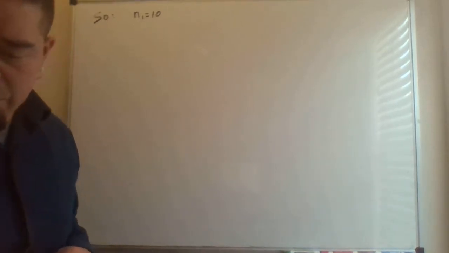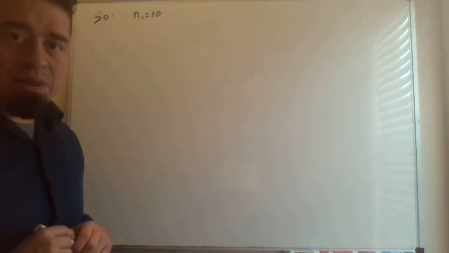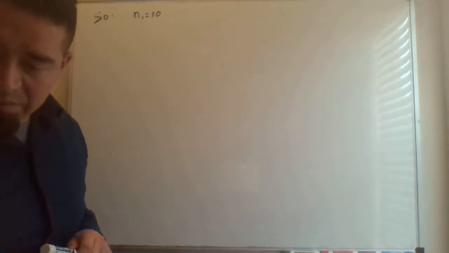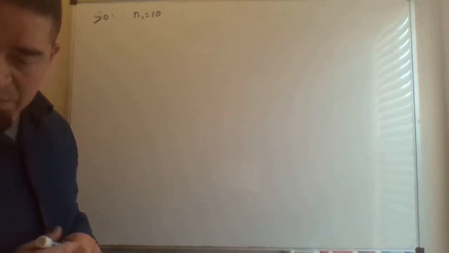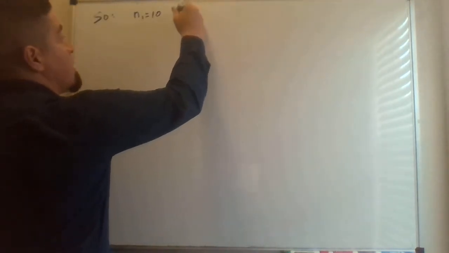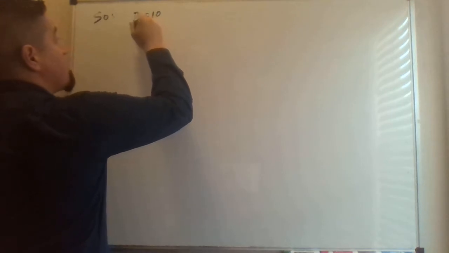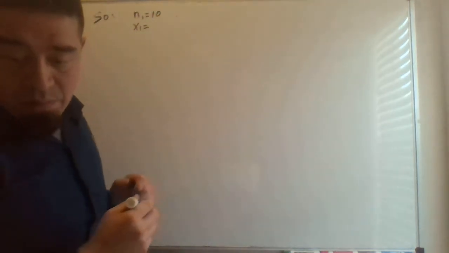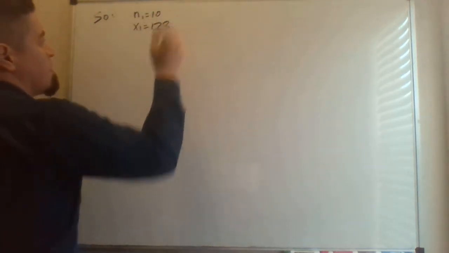So we know that there's 16 ounces in a pound, so 7 pounds 11 ounces, 7 times 16 plus 11. I did a quick calculation, you get 123. So that's my x bar 1 from my first sample, 123 ounces, because I'm going to want everything in the same units.